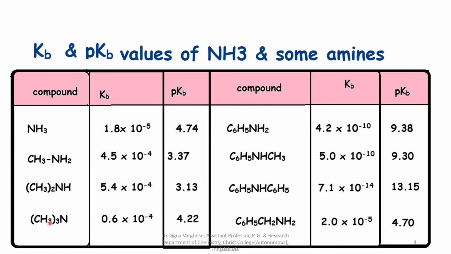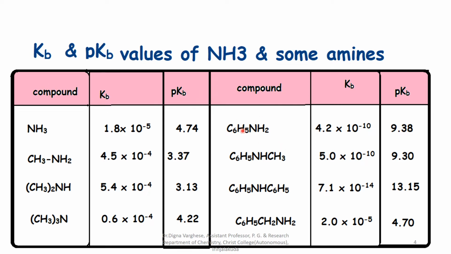And what about the pKb value? pKb is the negative logarithm to the base 10 of the Kb value. The lower the pKb, the stronger the basic character of the amine. The pKb value is lower for all three aliphatic amines when compared to ammonia, so these aliphatic amines are more basic than ammonia from their Kb and pKb values.